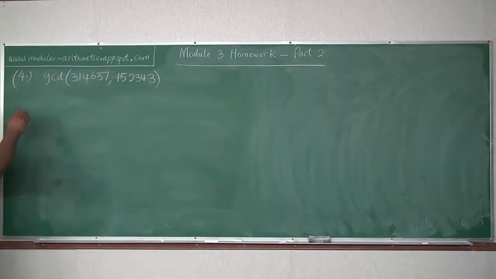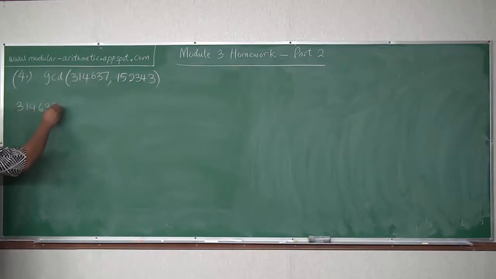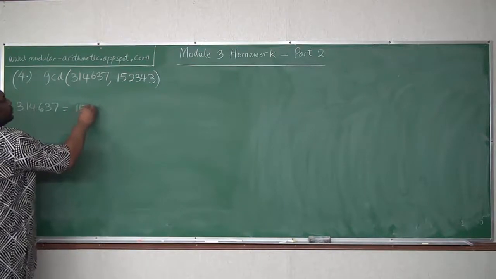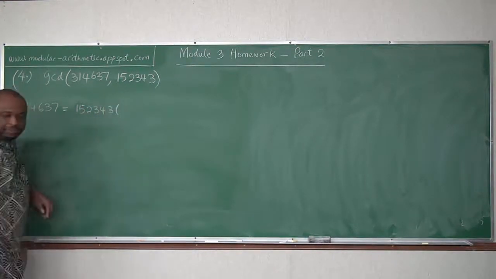Alright, so we begin. This is bigger than this, so we are good. 314,637 is 152,343 times what?